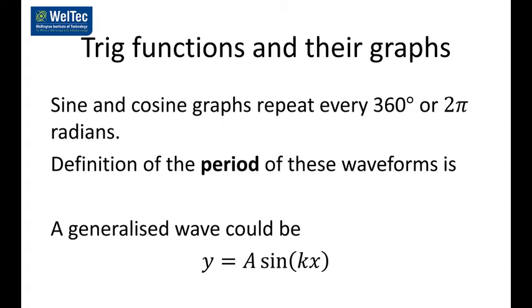The period is the time that it takes to go right round, like that. So that would be the period from start to end of one cycle. So if we're talking about the sine and the cosine curves, we say that the period of those would be 360 degrees or 2 pi.